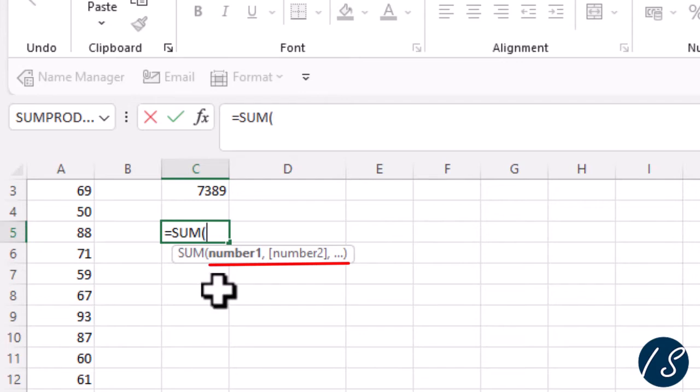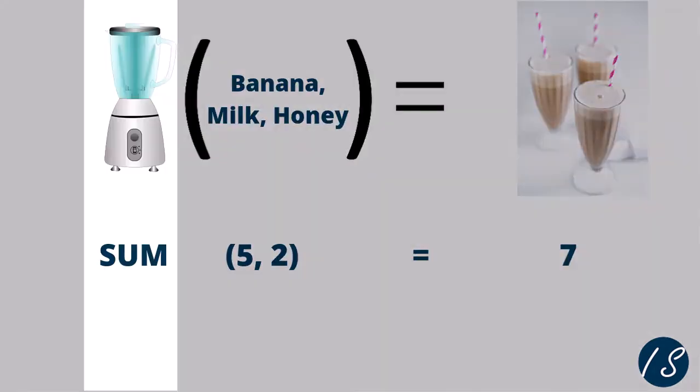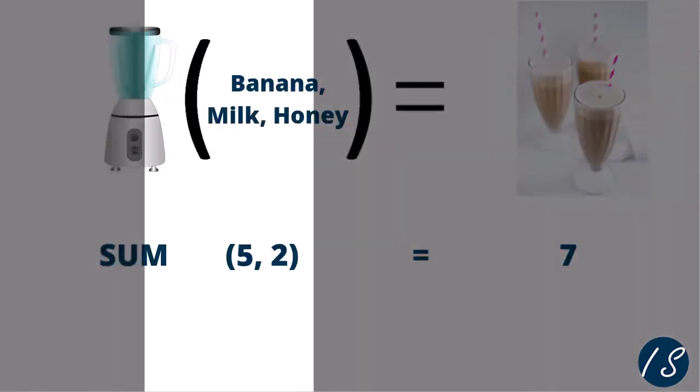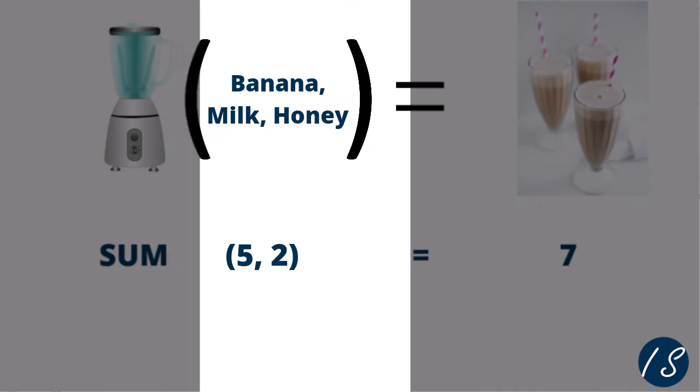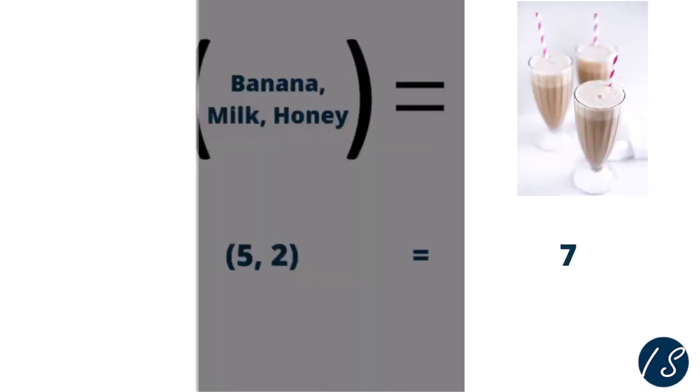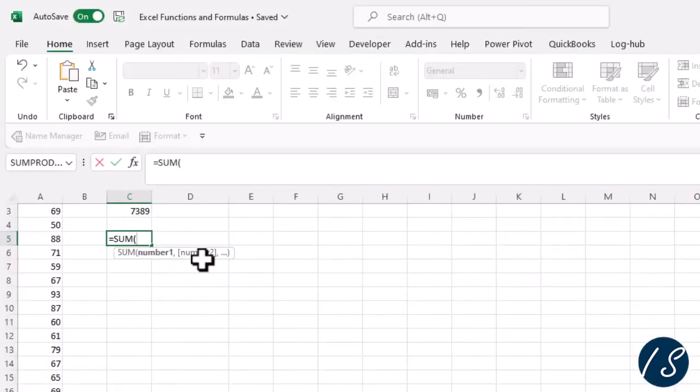So just like with the banana juice, the sum is the blender. These arguments or parameters are like the ingredients we put into the blender, which in this case is our sum function. And instead of returning to us banana juice, we receive a number. So for example, we input 4 and 5 and we get back 9.